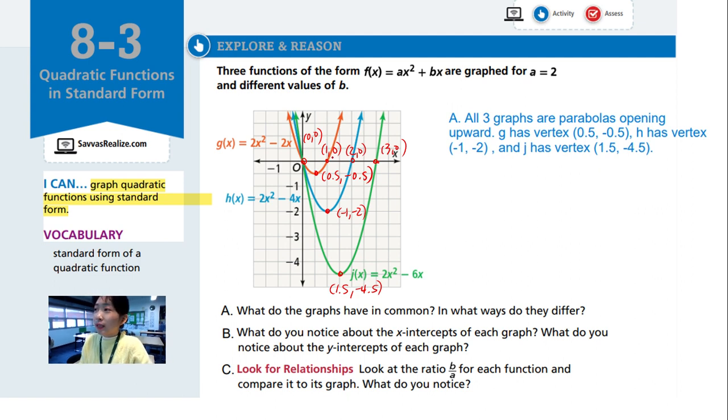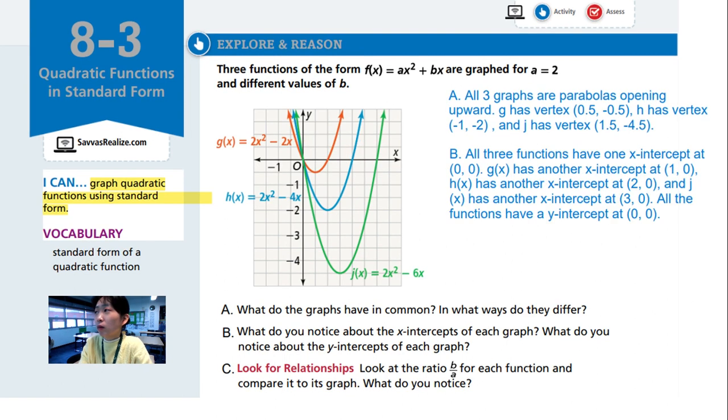So what about the y-intercepts? You see that there is only one y-intercept for each graph. The parabolas intersect the y-axis only once, and they all go through the point 0, 0. So they have the same y-intercept.